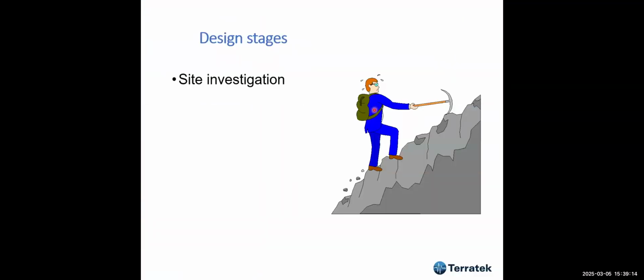Design stages are site investigation, of course, very important. Something that I recommend is, even if you don't have groundwater, in areas where you have rainstorms, like those where I have been working in Brazil, in Guyana, in Venezuela, we always have to take into account the possibility of a rainstorm increasing the groundwater pressure and raising the water level.